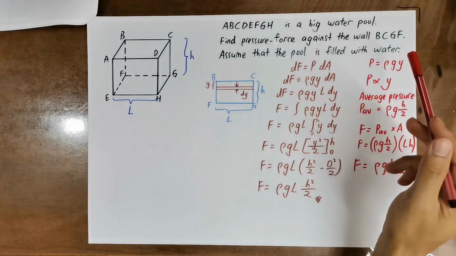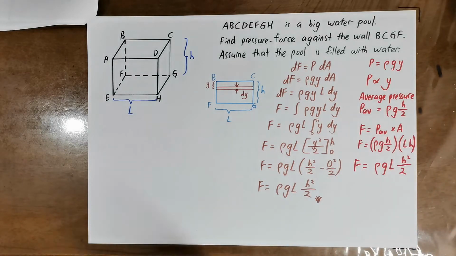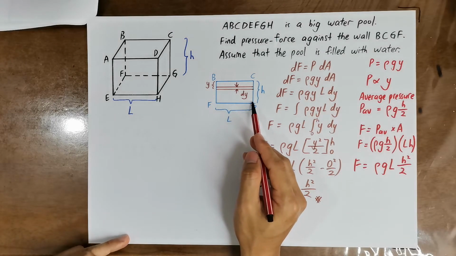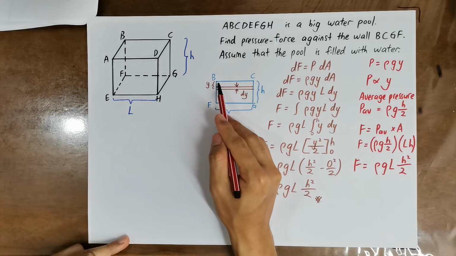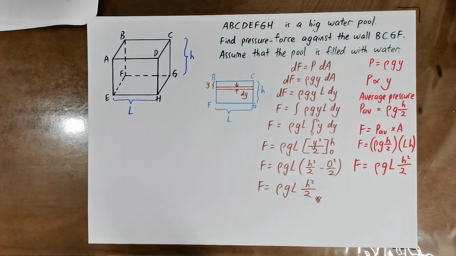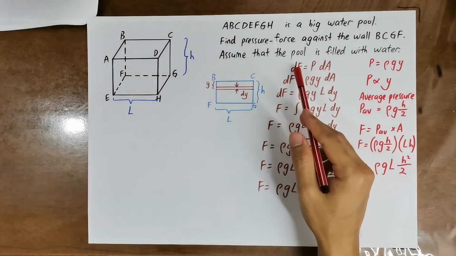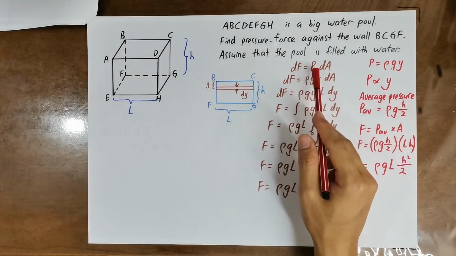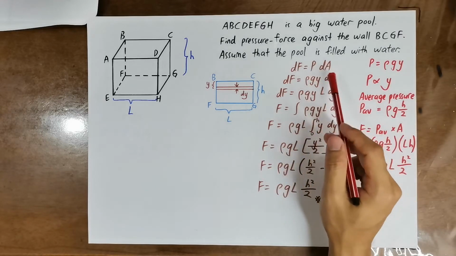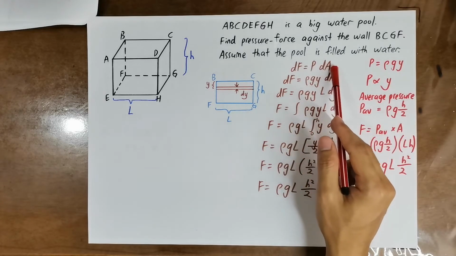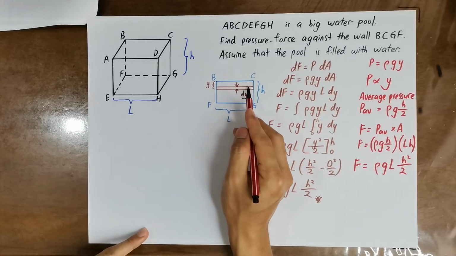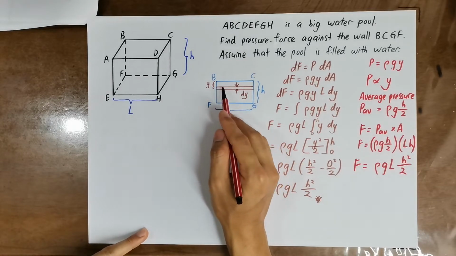You know that the pressure acting here is the greatest, and the pressure here is the lowest. So you say, pressure equals force over area, and dF equals pressure times dA. dA is the area element of this very tiny strip that you have drawn.